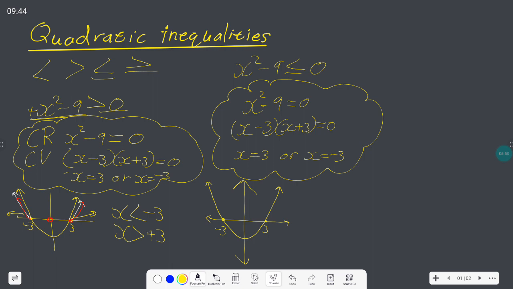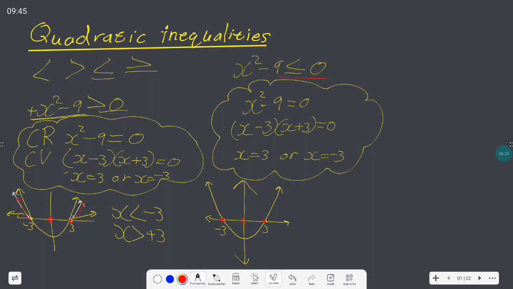Now, we look at what they ask us. They say it must be smaller than and equals to 0. So where is it equal to 0? On a standard Cartesian plane, it will be exactly there. That's where it's equal to 0. Where is it smaller than 0?